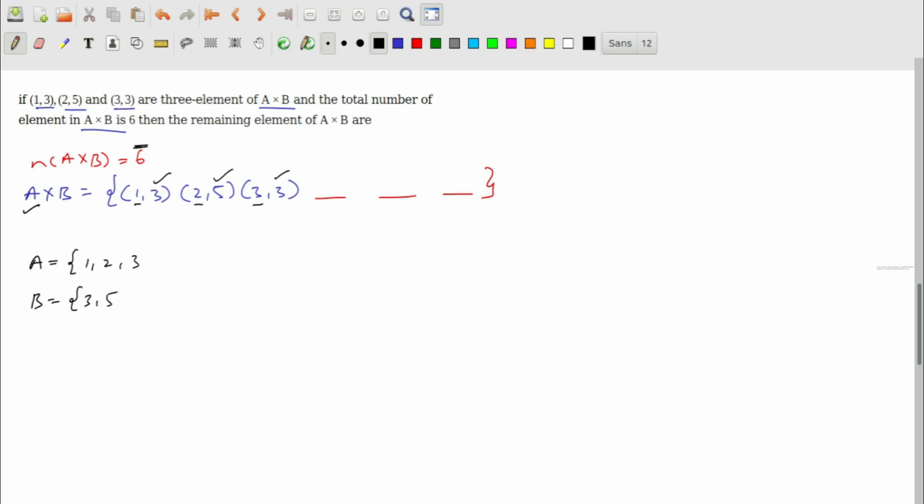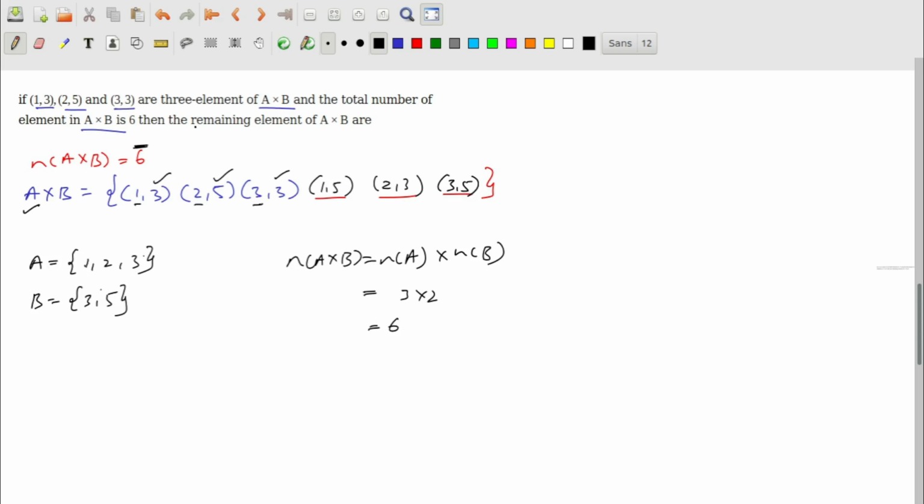As you can see, the total number of elements in A cross B is 6, and we know the number of elements in A cross B is equal to the number of elements in A times the number of elements in B. So here 3 into 2 is equal to 6, which confirms there are 3 elements in set A and 2 elements in set B. Now A cross B has (1, 3), (1, 5), (2, 3), (2, 5), and we have (3, 3) here and (3, 5).